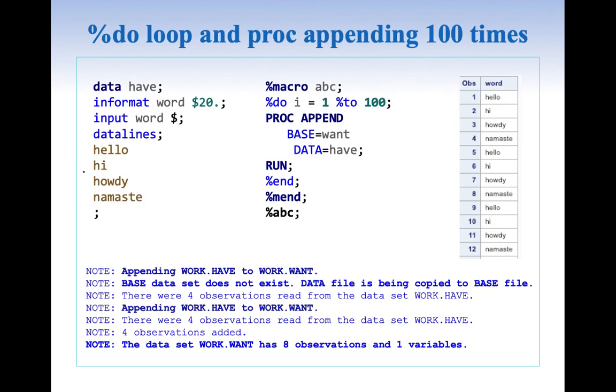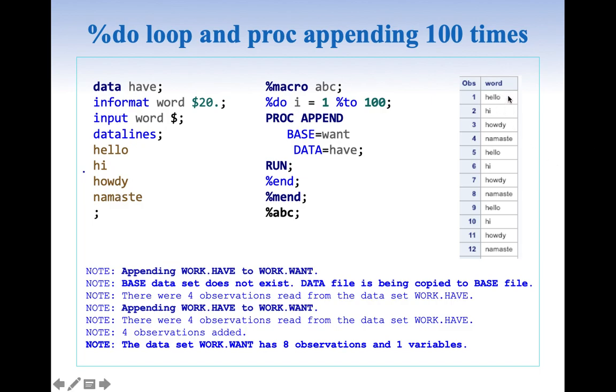Now let us try to understand how we can use our %DO loop and PROC APPEND to append the dataset 100 times. Here we have our dataset, data have, with 4 records. Now I want to create a dataset want with these records repeated 100 times.